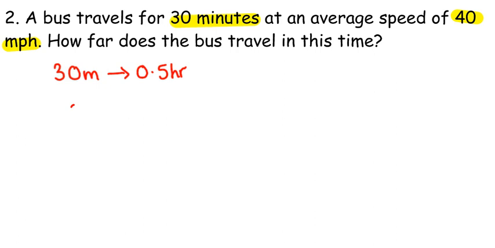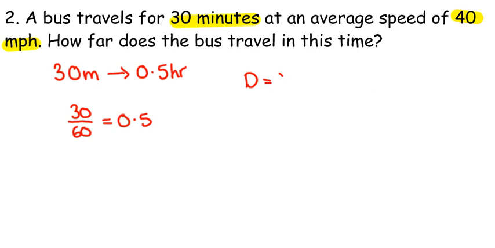Okay, if it wasn't such an obvious amount, if it was 22 minutes, 25 minutes or whatever, we can use a formula where we take the number of minutes and we divide it by 60, which is the number of minutes in an hour, to give us this number 0.5. Now we can plug the numbers into our speed, distance, time formula.